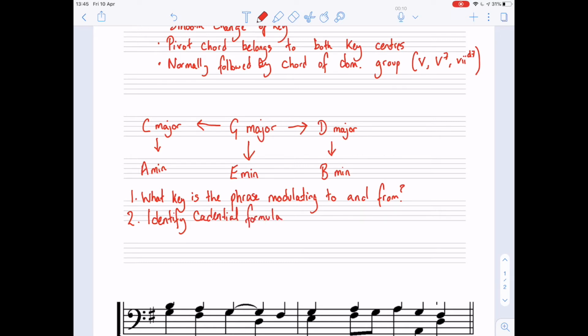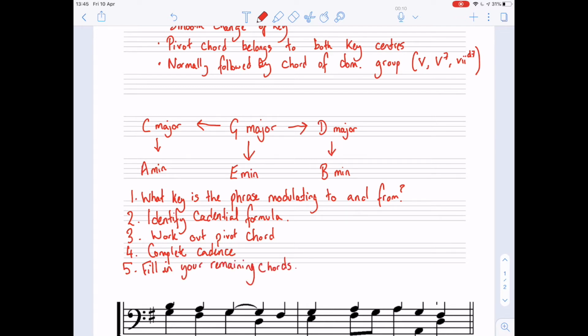Then it's trying to find our pivot chord. Then complete the cadence, and then fill in your remaining chords. And then finally, check your work.